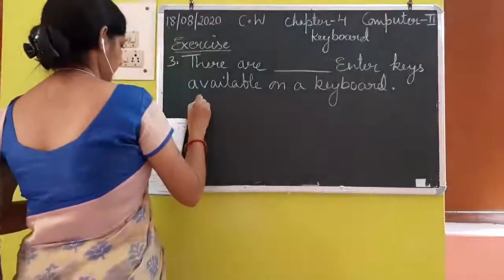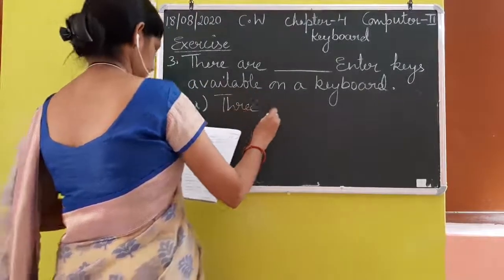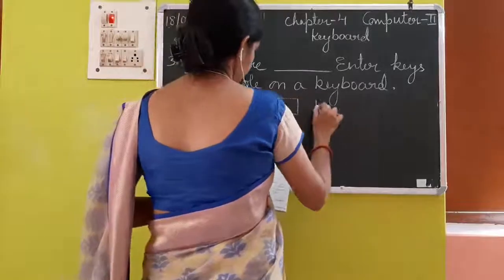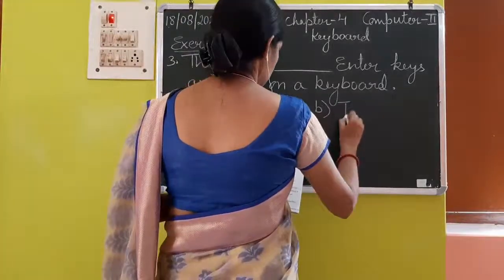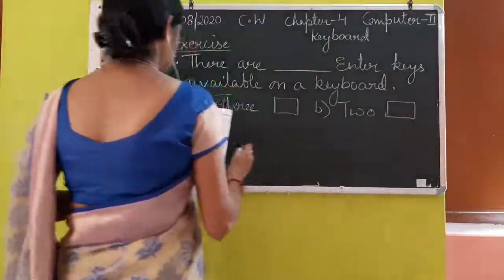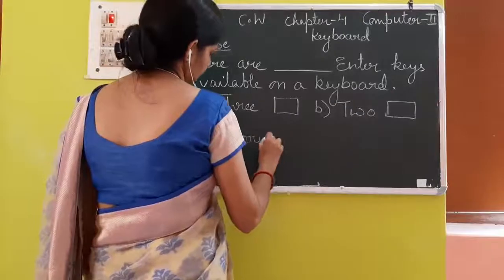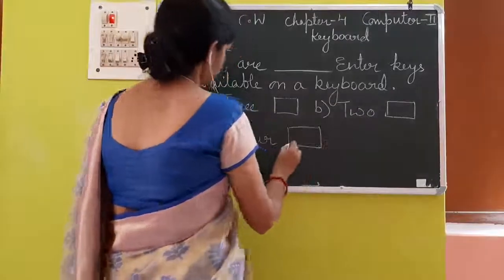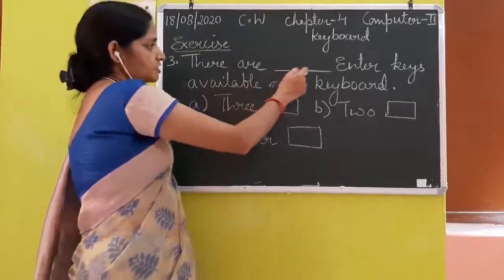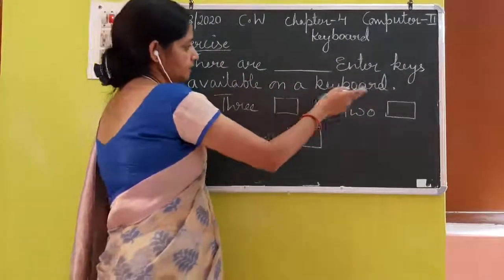First one is A, 3, B, 2, C, 4. There are dash enter keys available on a keyboard.